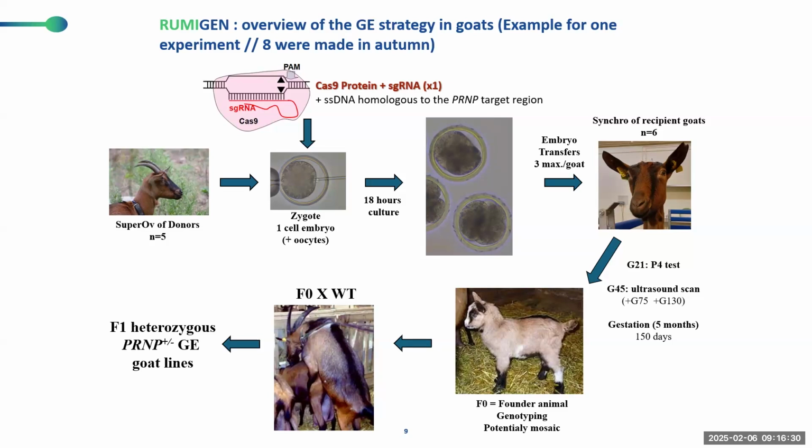And these embryos, these 2-cell stage embryos, are replaced in a recipient goat with a maximum of 3 embryos per goat. After that we follow the gestation of the recipient goat by a progesterone test at 21 days, and by ultrasound scan at 45 days and other days. And then we get some founders, and the founders, as I told you, should be crossed with wild-type animals in order to produce F1 animals.